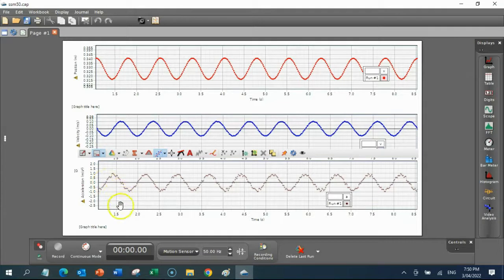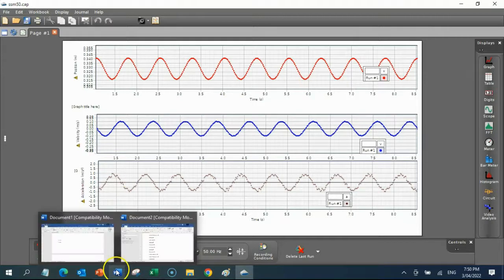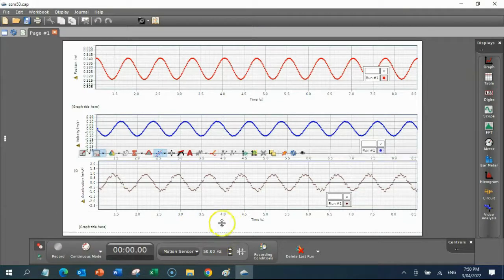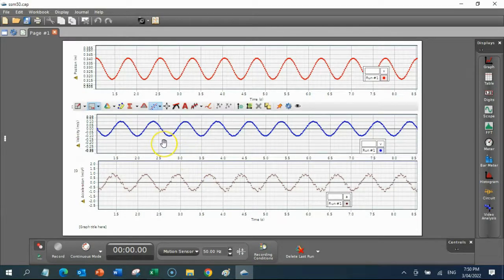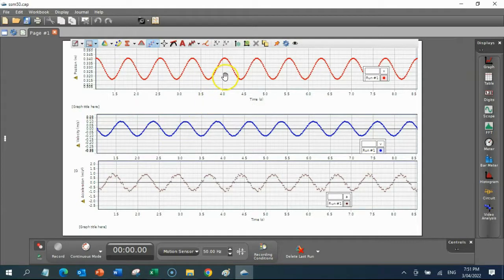Now, there are various things that we need to record when we have a look at these graphs. And the first is the period. The way in which we're going to do that is get the time taken for 10 oscillations and divide that time by 10. In order to get a more accurate result, I'm going to click on the displacement graph.